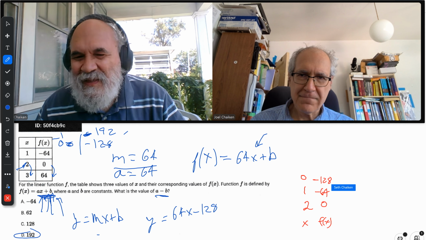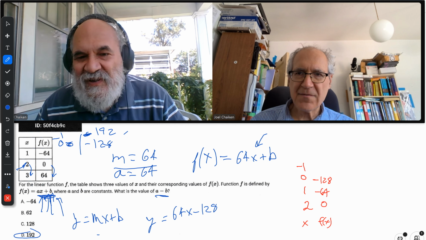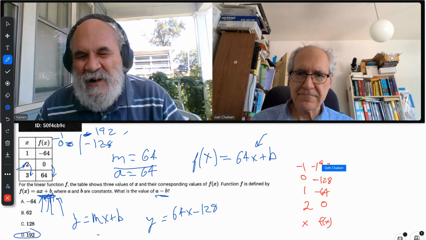And then when X goes to -1, it goes even further, to negative 128 minus 64, which is negative 192.